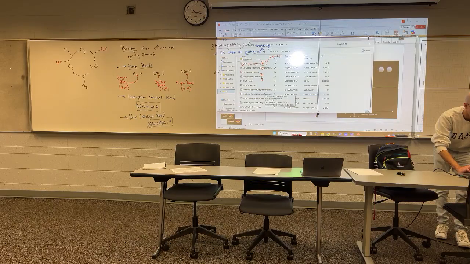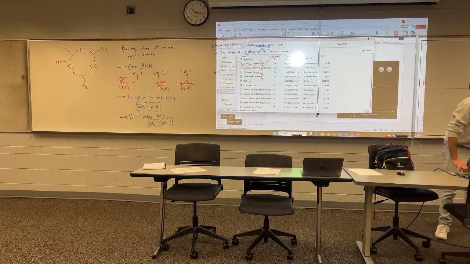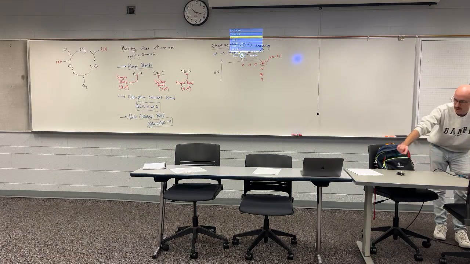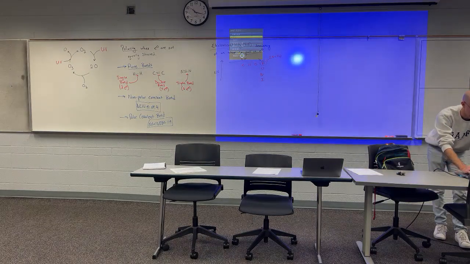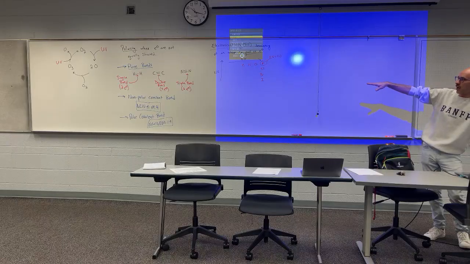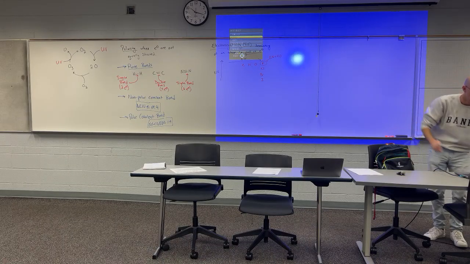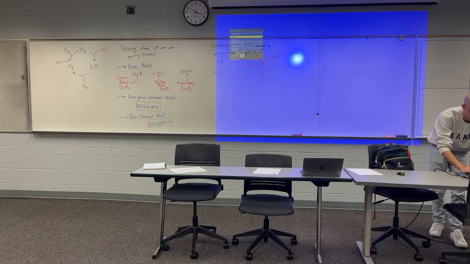What I want you guys to do is calculate the differences in electronegativities for all of the bonds that you see here and label them as nonpolar covalent or polar covalent. You've already labeled the ones that are pure. I want you to label the rest of them as polar covalent or nonpolar covalent. And I have an image that I want to show you, but I lost it, which is always the best place for it to be.